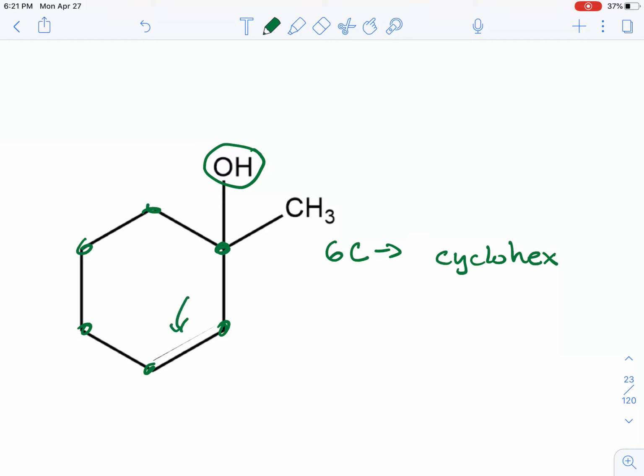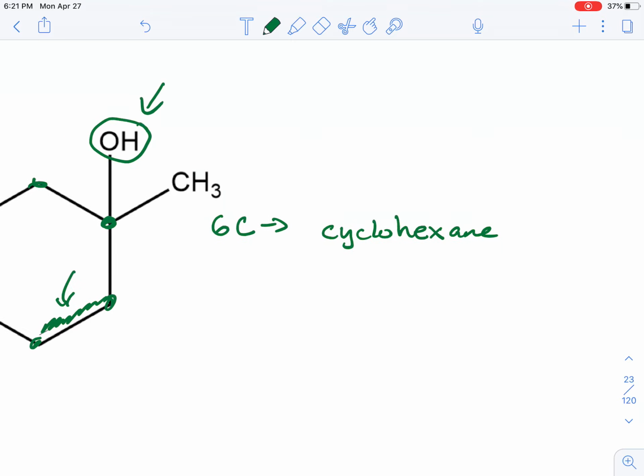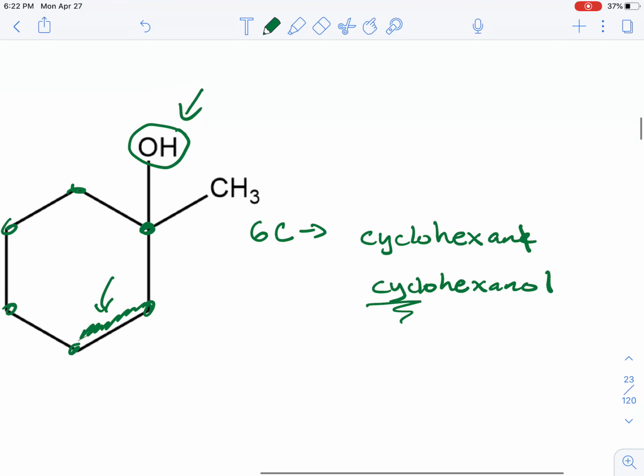So ignore that, that's not a double bond. So that's cyclohexane. And since I do have the alcohol, I'm going to drop the E and put in cyclohexanol. Since this is a cyclic ring, I don't need to describe the carbon number of the alcohol. The only thing I need to describe is the position of my substituent.